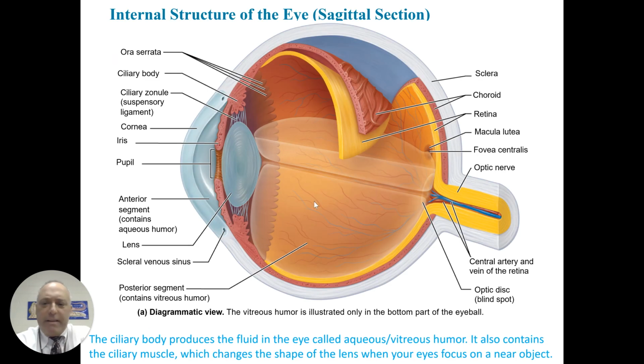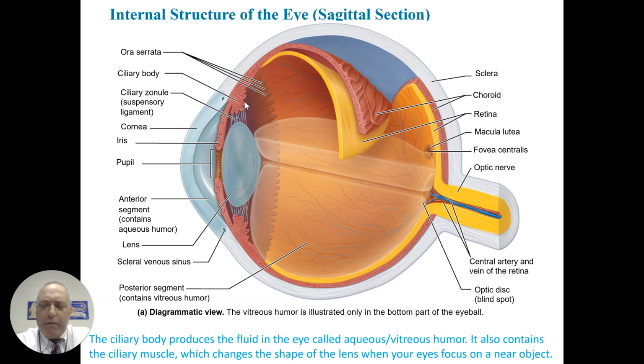Okay, let's take a look at the eyeball itself. There is a posterior segment which is filled with this vitreous humor. There's an anterior segment which has aqueous humor, a very, very similar fluid. And in between is the iris, the pupil, and the ciliary body.